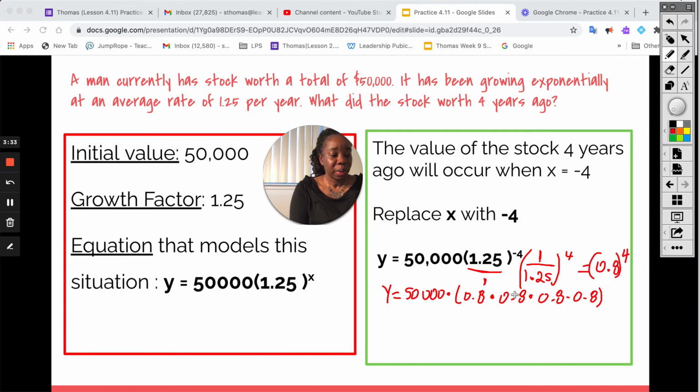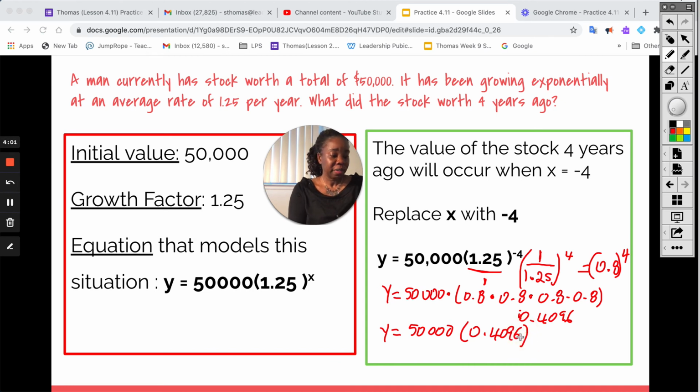And when you multiply 0.8 by itself 4 times, that is going to give you 0.4096. So what you have is y is equal to 50,000 multiplied by 0.4096.